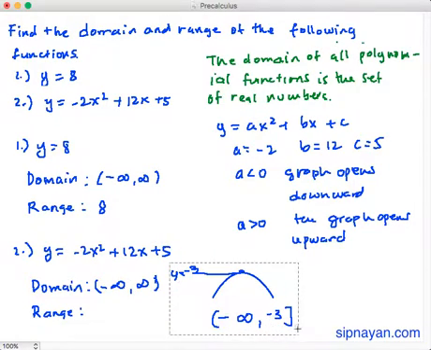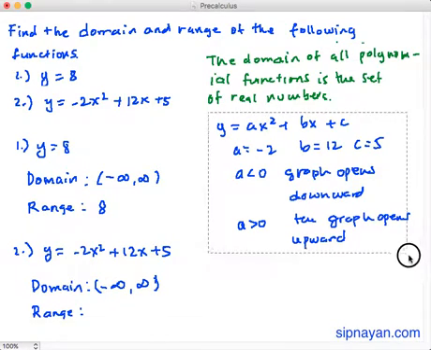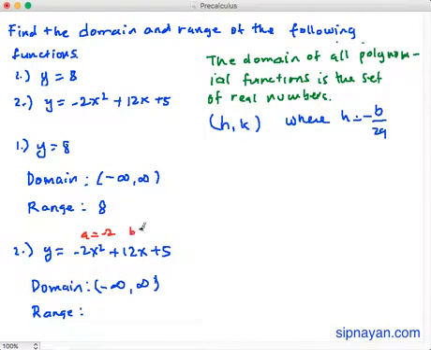At kung napanood nyo na yung video natin on getting the vertex, sabi natin yung vertex natin is (h, k), where h is negative b over 2a. A natin is negative 2, ang b natin ay 12, at ang c natin ay 5.